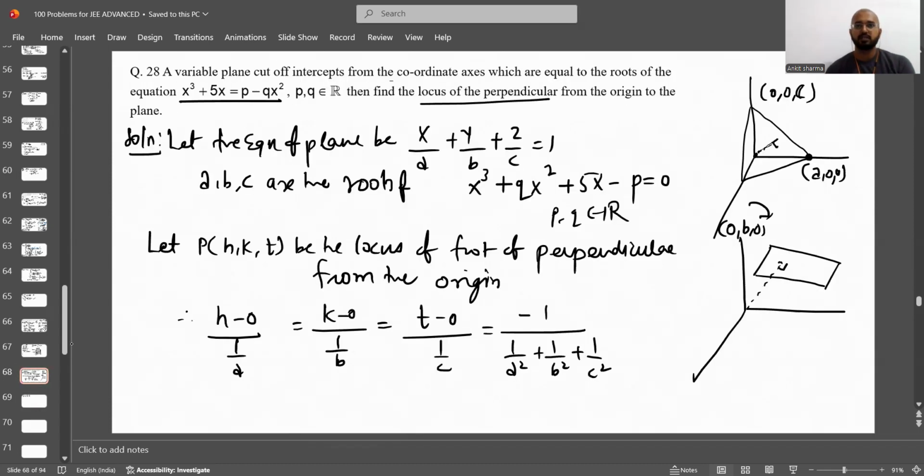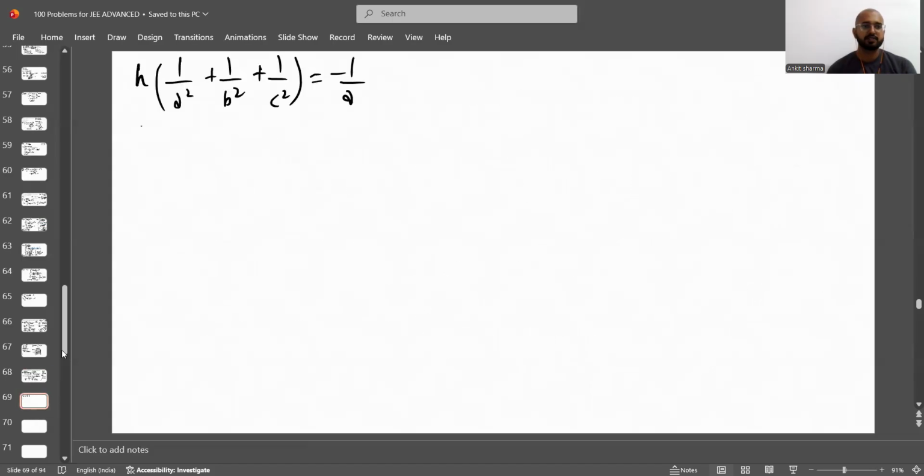Here the constant term is p, and p and q are real numbers, which means none of them is 0. So the plane should not pass through the origin. That information must be supplied in this question.